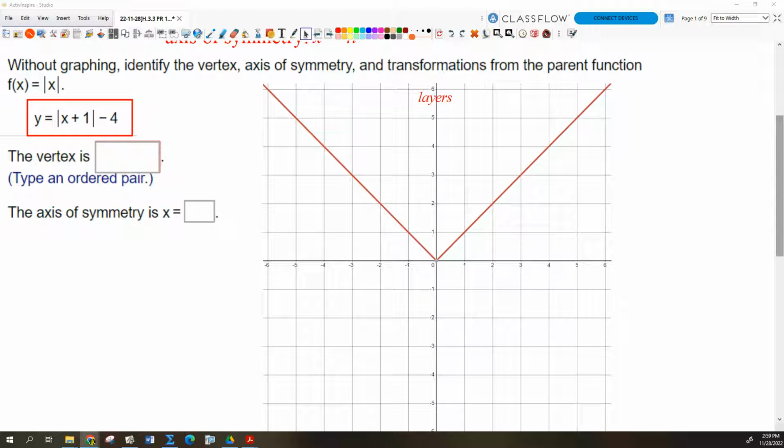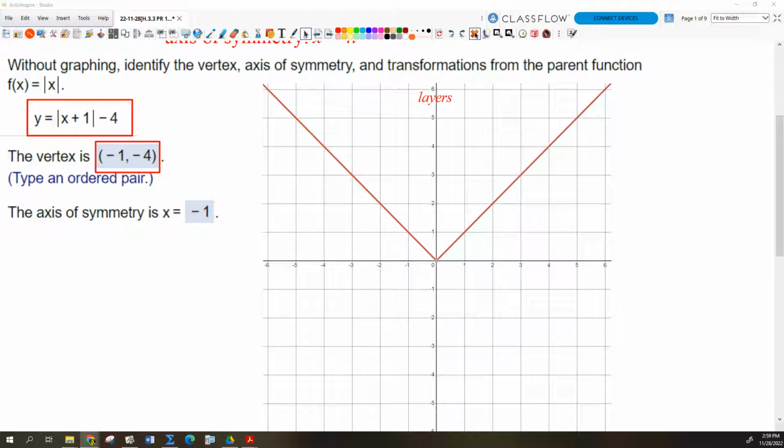So if it's x plus 1, h is -1, right? Okay, and the axis of symmetry then would be what? What's the equation of the line that acts as the axis of symmetry? Come on, everybody. What? x = -1. There you go. Okay, good.